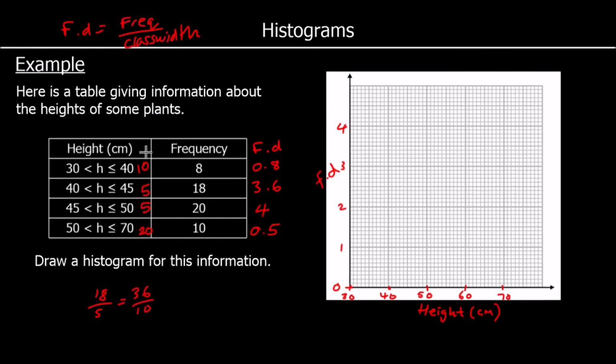The first bar was 10 wide, it went from 30 to 40, and it goes up 0.8. So it goes up 0.8, and there's our bar. Then we had 40 to 45 going up 3.6. So here's 45, goes up 3.6.